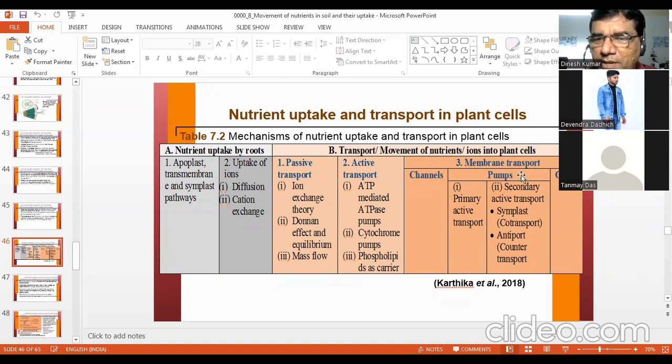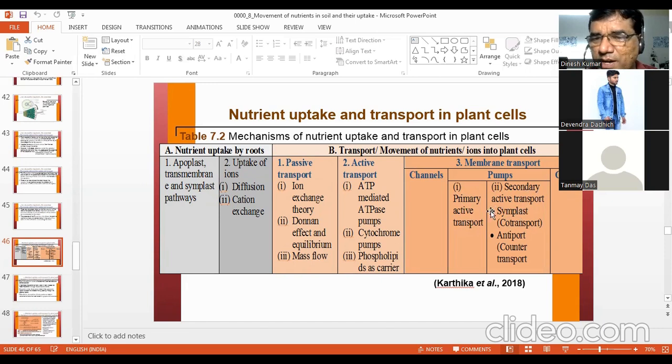These pumps can be further divided into two for membrane transport. Primary active transport: wherever active is there, energy is involved, and the energy will come from ATP. Then in pumps, you get secondary active transport.